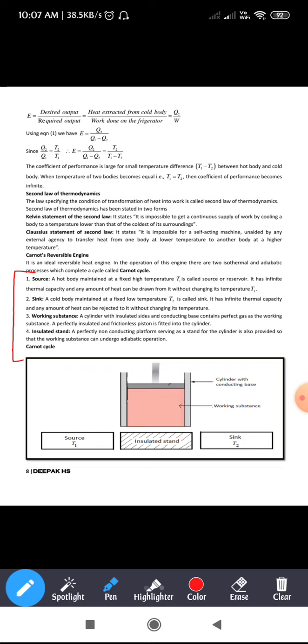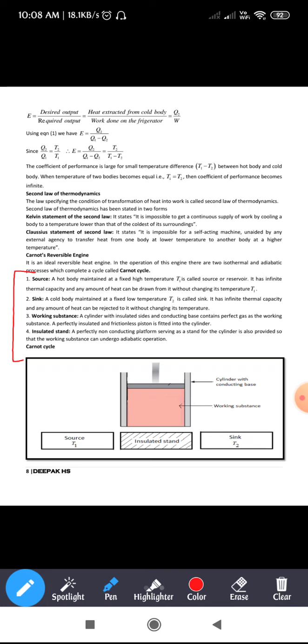Next is the sink. A sink is a body which is maintained at a fixed low temperature, that is T2. It has infinite thermal capacity and any amount of heat can be rejected to it without changing its temperature.